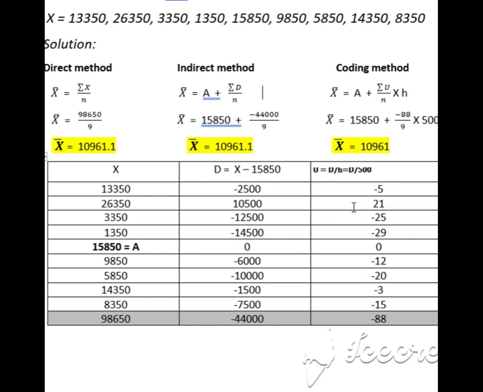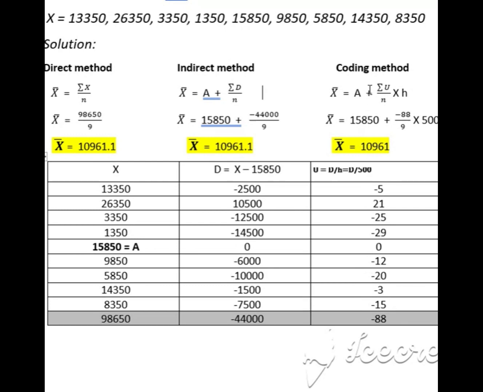You can see that in the third column the volume of the data becomes smaller. The first numbers were big values, and now they are smaller, so the calculation becomes easy. That's why we use the coding method, just for simplicity of calculation.